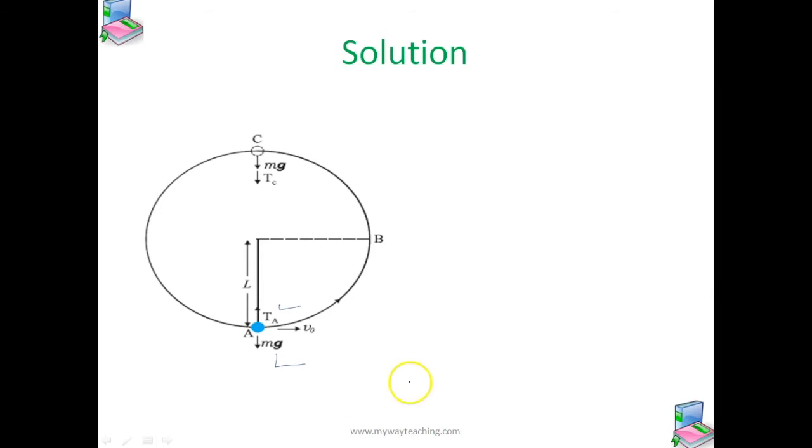So we can write at A the energy is given by half m v naught square.